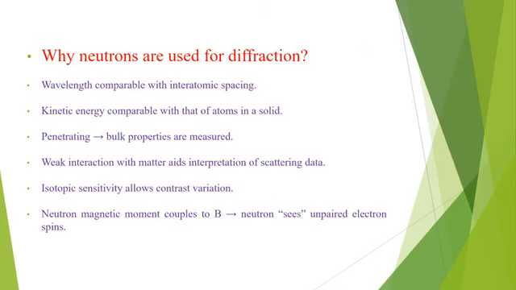Dear student, here we will learn why neutrons are used for diffraction instead of X-rays and other sources. It is used because the wavelength is comparable with the interatomic spacing.